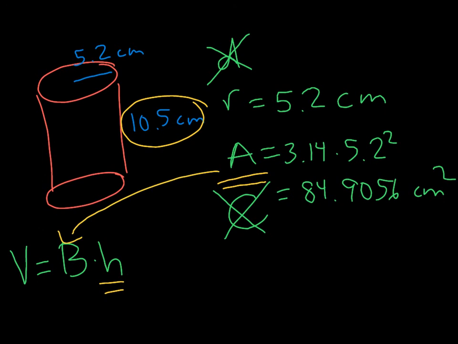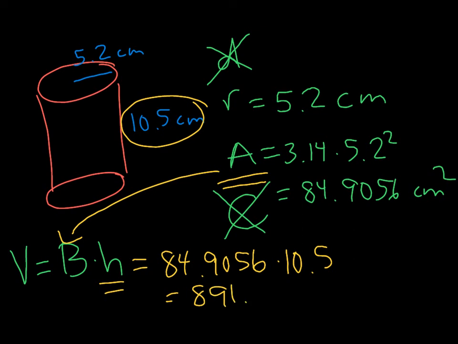So let's go ahead and plug this in. 84.9056 times the height, which was 10.5. 891.5088. And again, it's volume, so we're going to label it centimeters cubed. All right, hopefully you have a good understanding of how to find the volume of a cylinder.